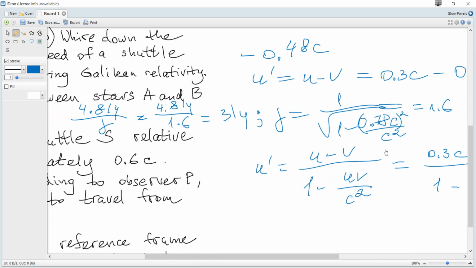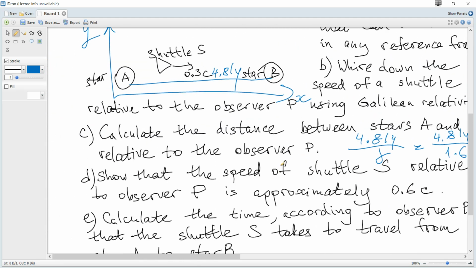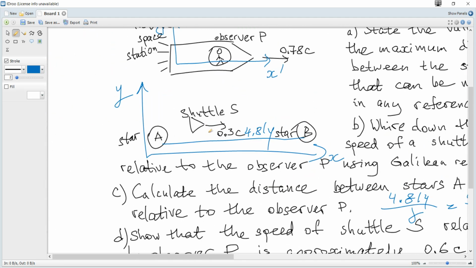Minus indicates that it's to the left. The velocity of the shuttle is to the left relative to P.